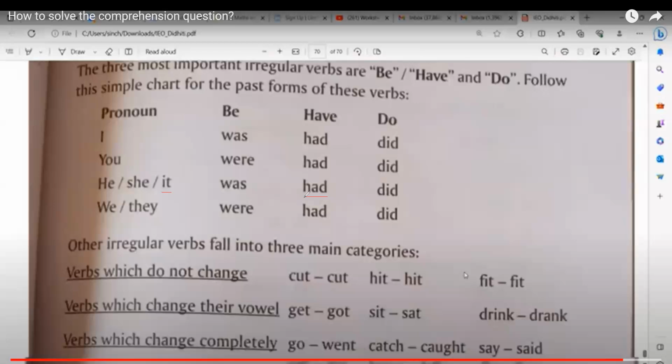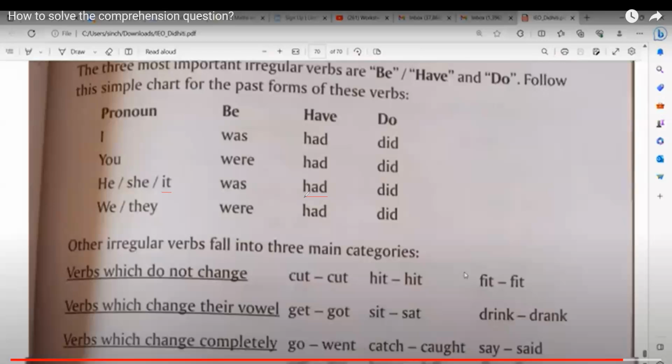Is it correct, Abhishekta? Is the sentence correct? Ma'am, which one? Shivam told this example, it had a bunch of grapes. Is it correct?